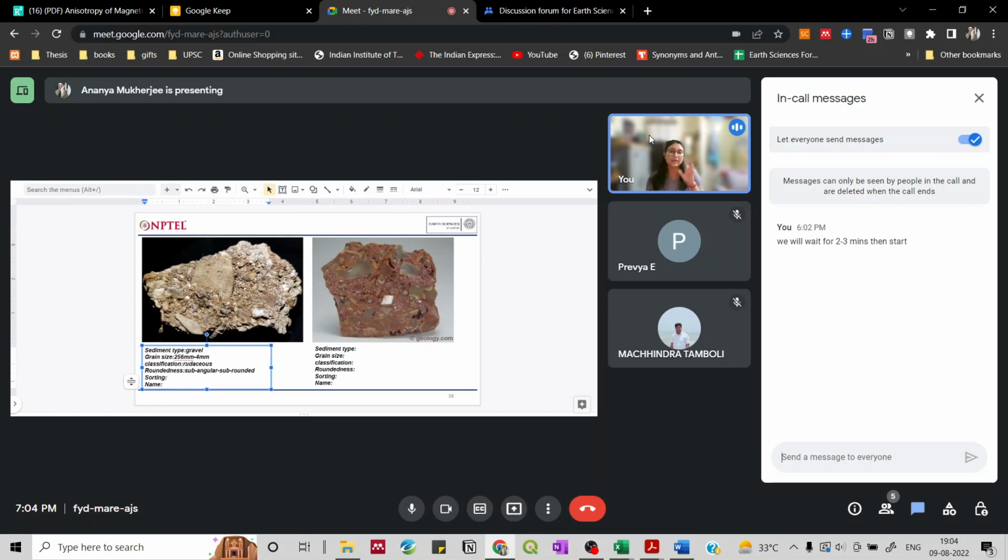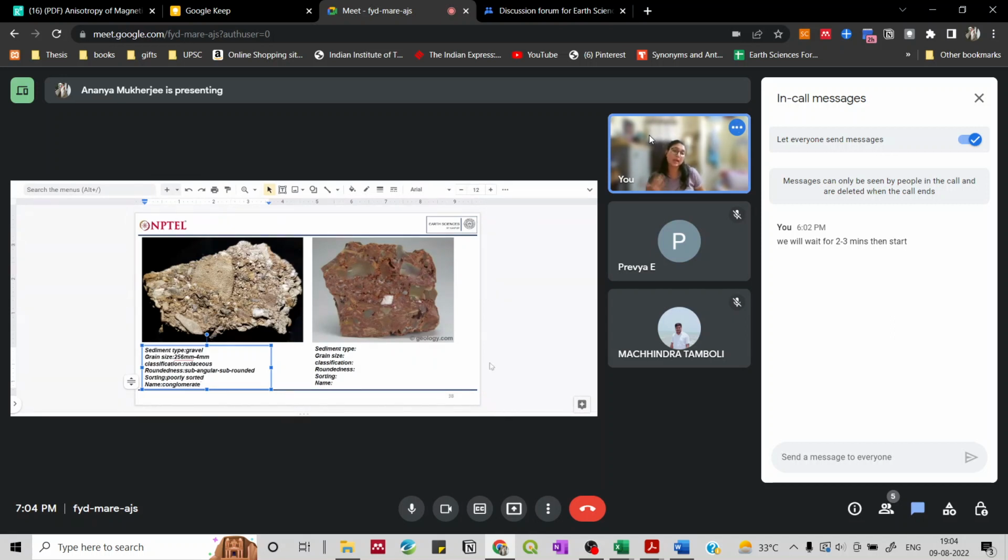Sorting, this is a very poorly sorted rock because we can see different kinds of grain sizes and also different kinds of sediments over here. You can see a big boulder, you can see some pebbles, some cobbles. So that is why this is a poorly sorted rock. The name of the rock is conglomerate.